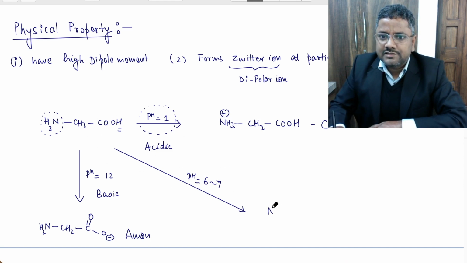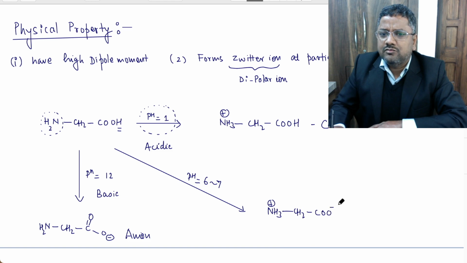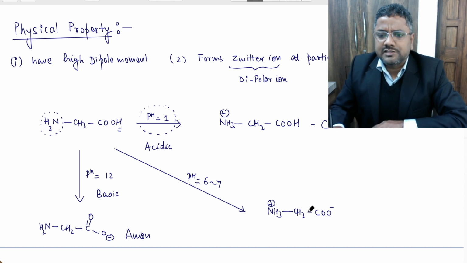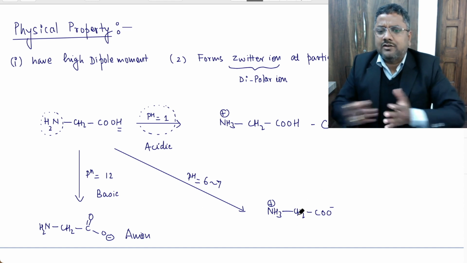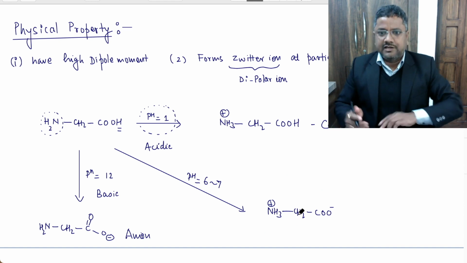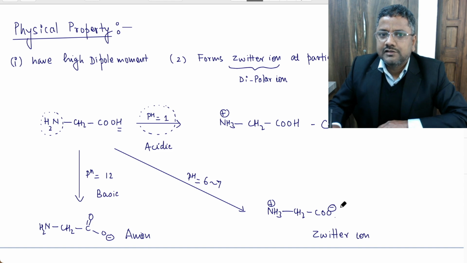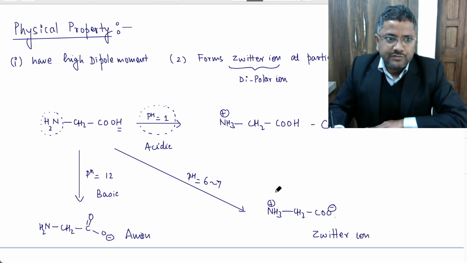This molecule exists as NH3 plus CH2 COO minus. I am not saying that 100% will exist in this form, but a major portion will, right? And we can calculate at what pH this will exist 100%. So see here, this is an anion and this is a cation on the same molecule. Such ions are said to be Zwitter ions. So alpha amino acids form Zwitter ions.